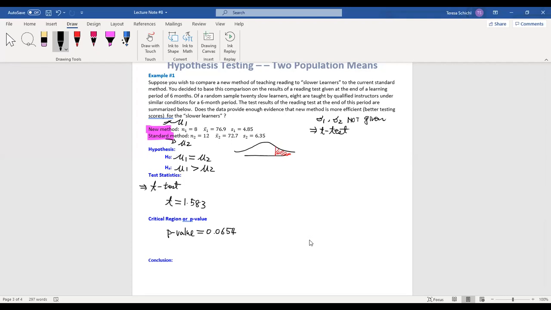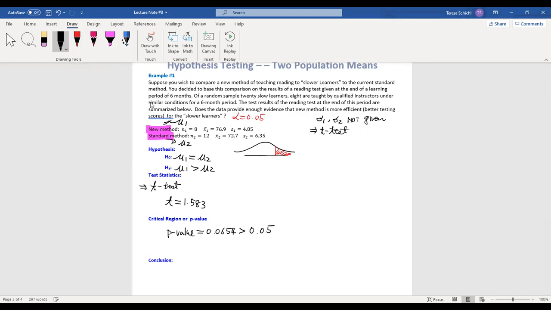And did they tell us the significance level? No. If they did not tell us, then we assume alpha is 0.05, 5%. So this p value is greater than 0.05.